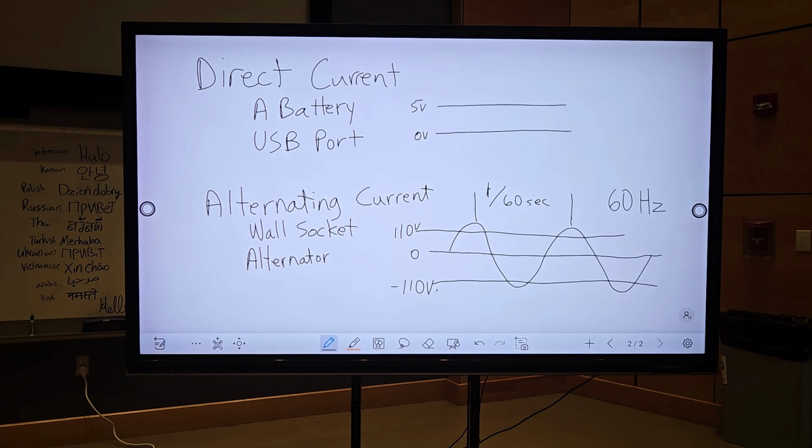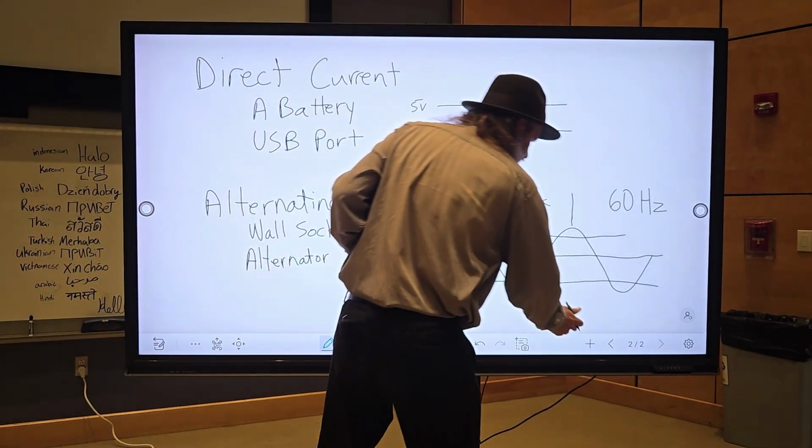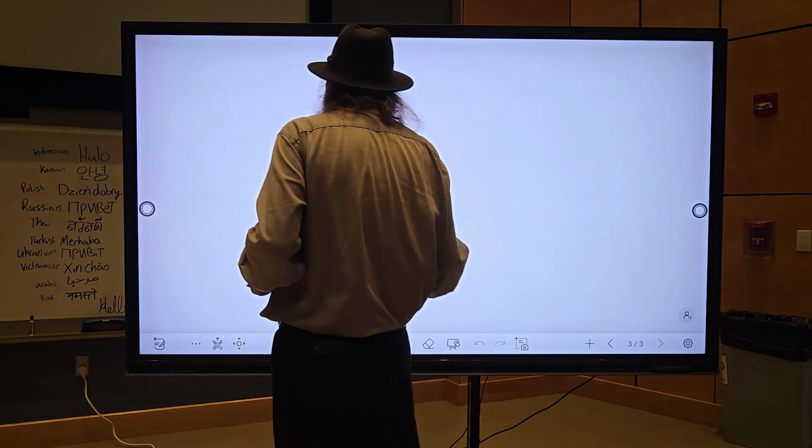Like the power source, having direct current versus alternating current, there are two different types of electrical signals.